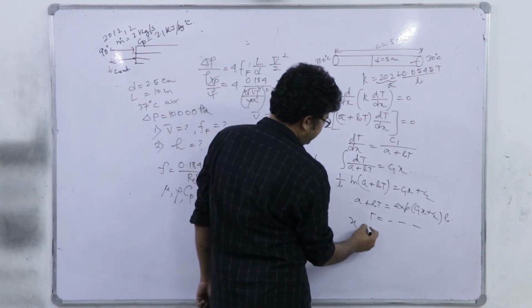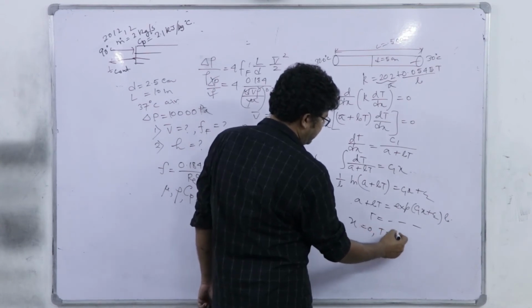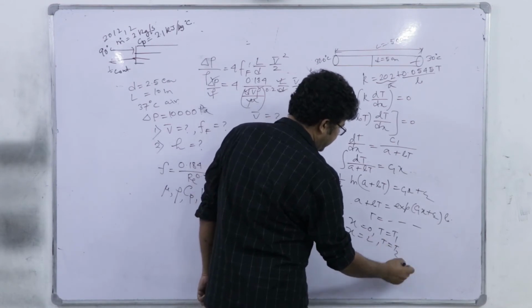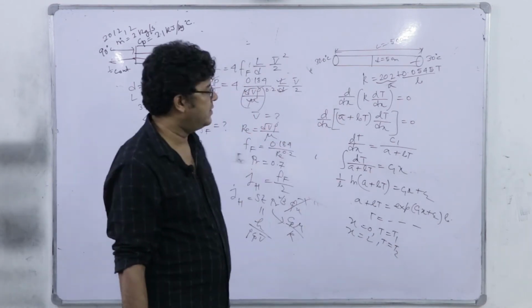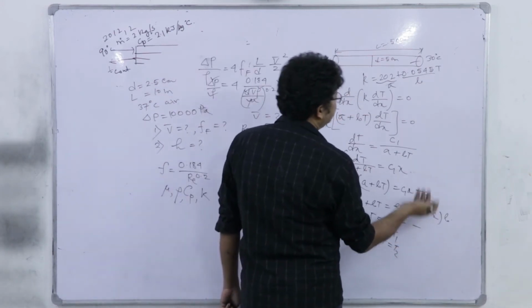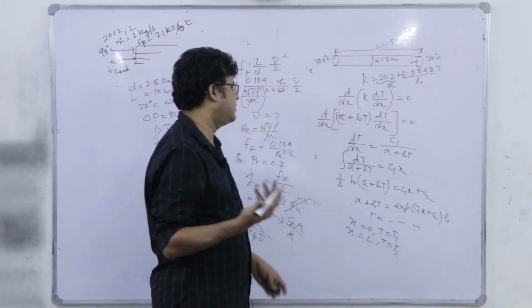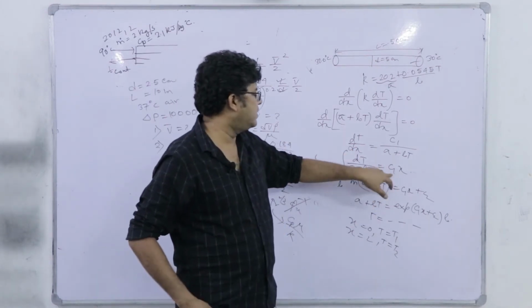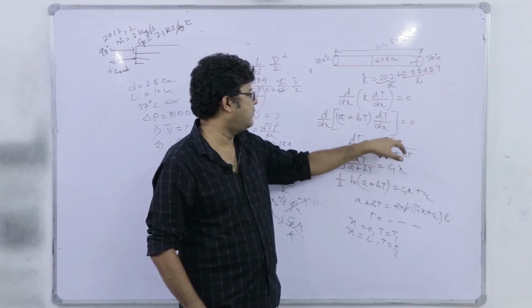Now, at x equal to 0, I know T equal to T1, and at x equal to L, I know T equal to T2, and from there C1 and C2 can be solved. Once you know C1 and C2, it is very easy. Knowing C1 you can find the gradient.